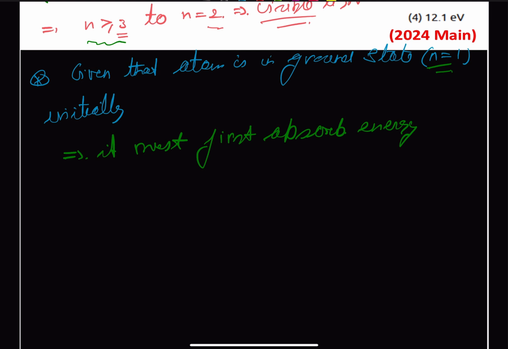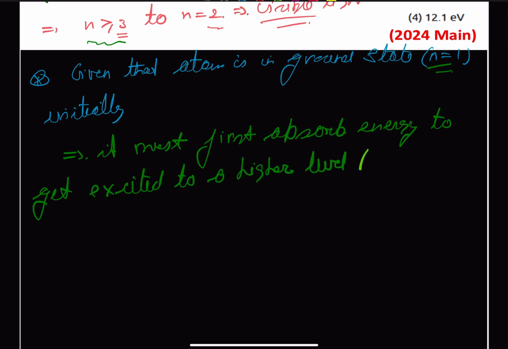So it must first absorb energy to get excited to a higher level, and that higher level minimum is n is equal to 3.